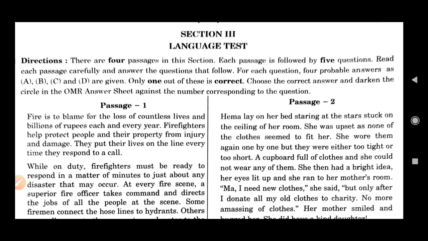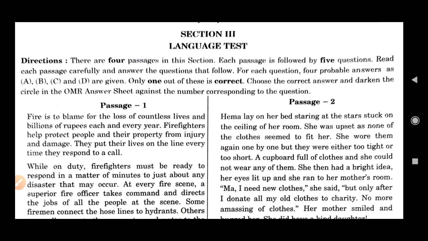And dear friends, you have to pick only one out of these options. You have to choose the correct answer and bubble the circle very clearly in the OMR answer sheet against the number corresponding to the question.